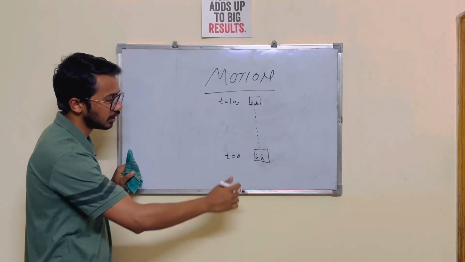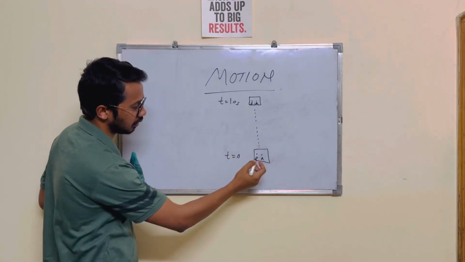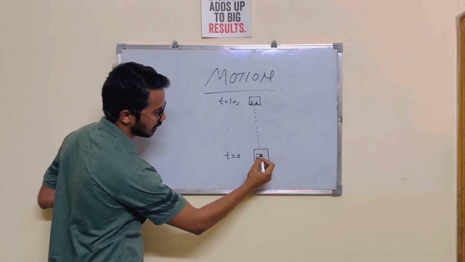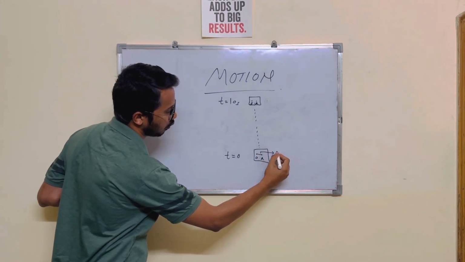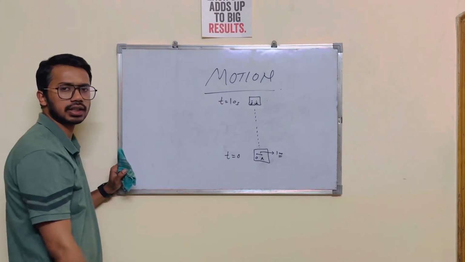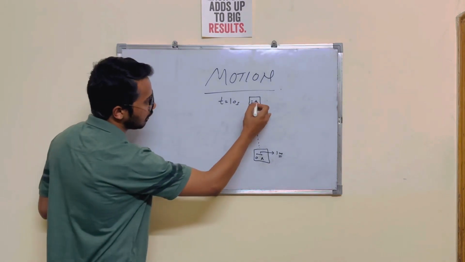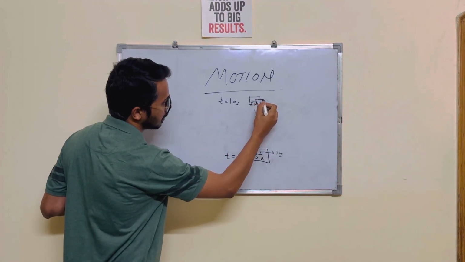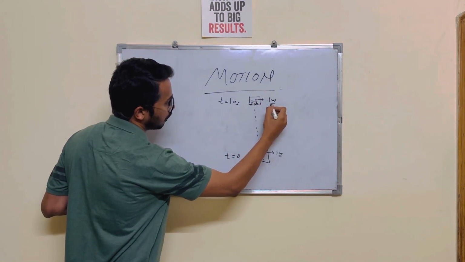Why no? Because when the time began, this was the position, and let's say this distance is 1 meter. After a time period of 10 seconds, if we again measure the distance of O from A, it's still 1 meter.